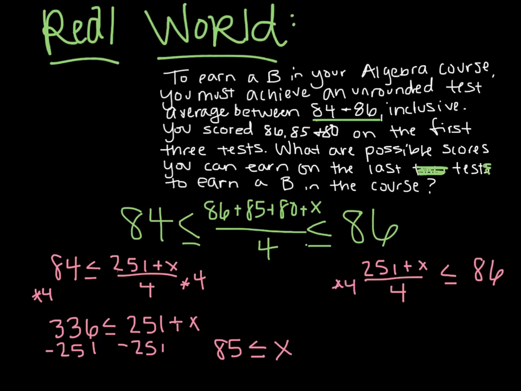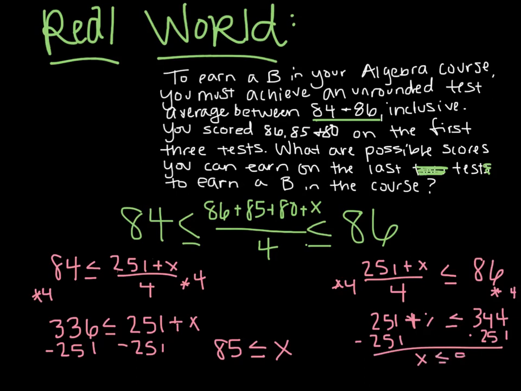Multiply by 4 on both sides, and I get 251 plus x is less than or equal to 344. And subtract 251 on both sides, and I get x is less than or equal to 93.